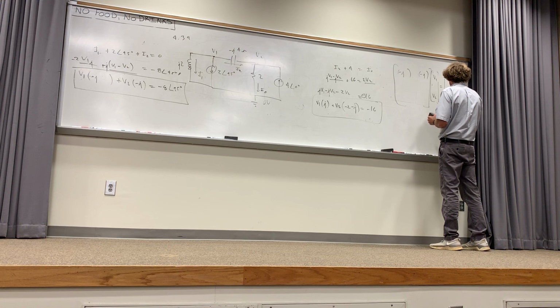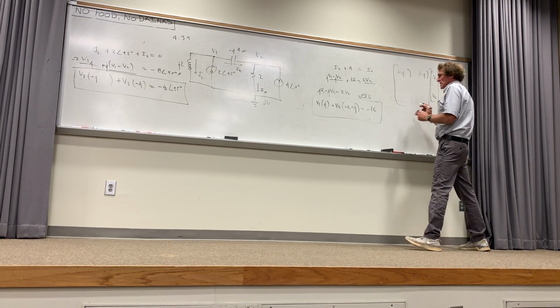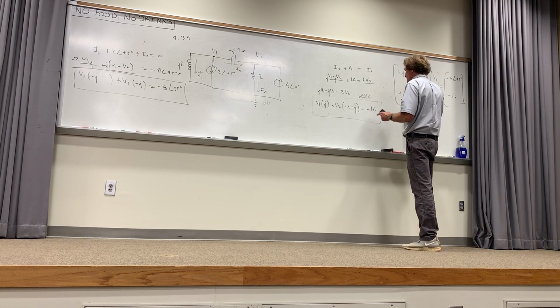Here I have minus 16. Second set of coefficients, I have j, and then I have the quantity minus 2 minus j.